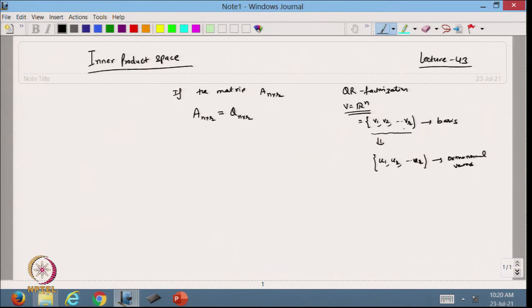Then A will be n cross r, where A is the matrix obtained by putting these vectors as column vectors, Q will be n cross r, and then R will be r cross r. This matrix R is always upper triangular.